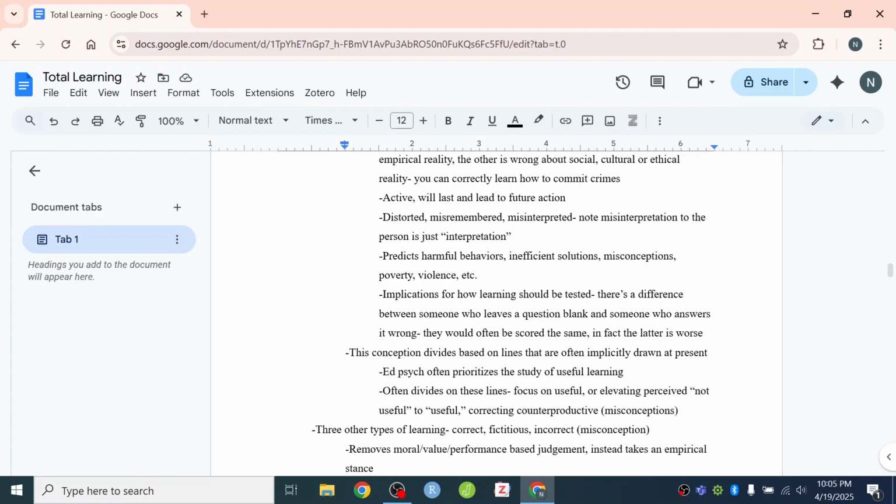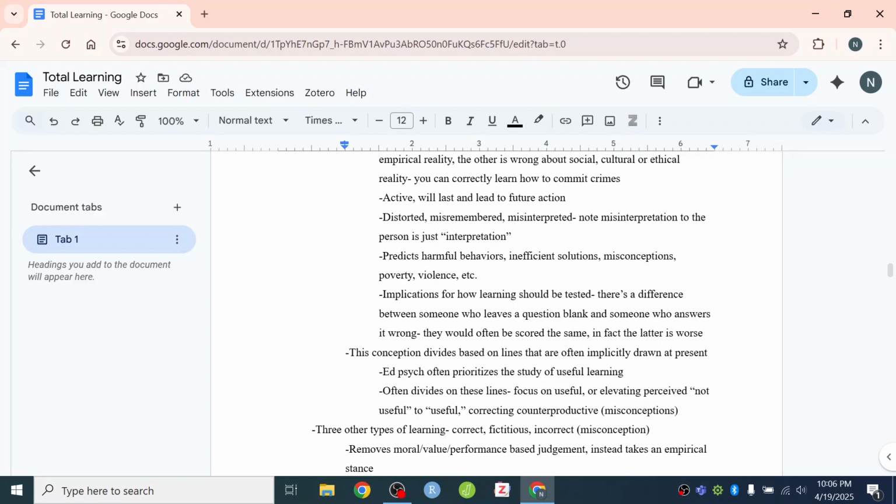The idea of this way of divvying up learning is to remove the moral or value or performance-based judgment that useful learning carries with it, and instead take an empirical stance and say, is this learning that maps to the observed reality observed by the empirical method?